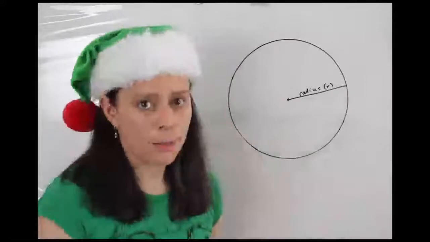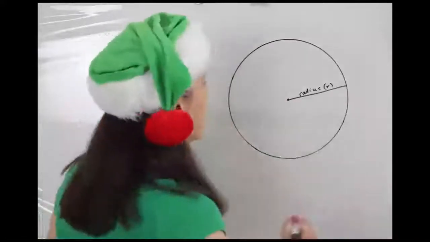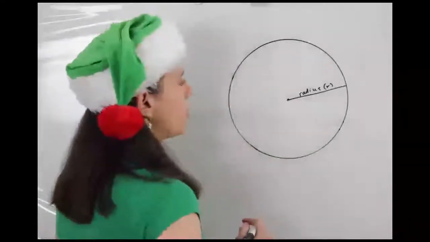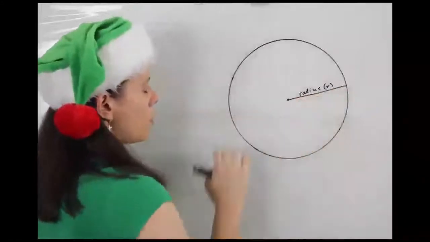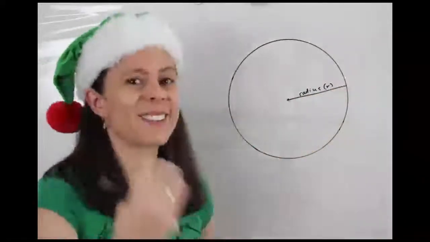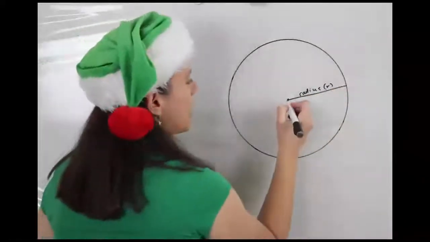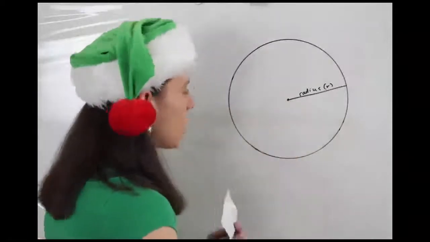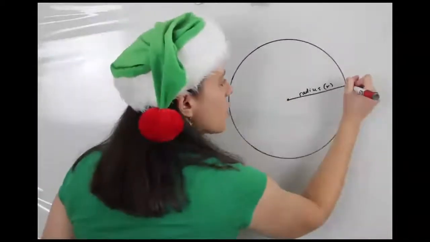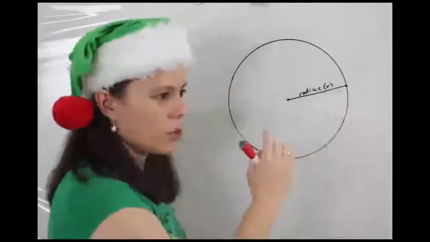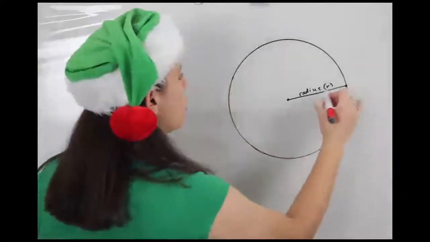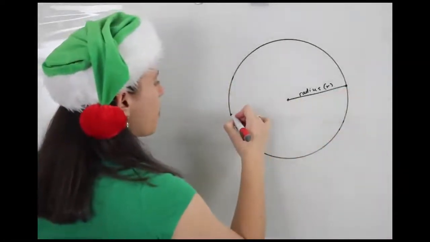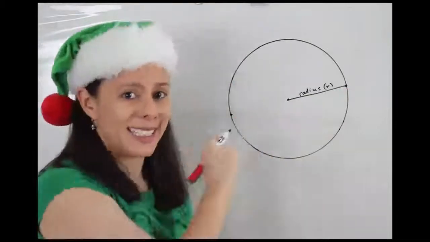The diameter is the second thing that we're going to talk about. The diameter is actually going to be twice the radius. The reason being is because the diameter goes from one point of the circumference to the other side of the circumference, but it has to pass through the center.